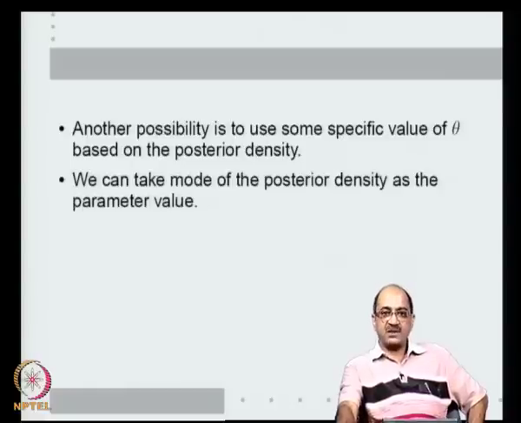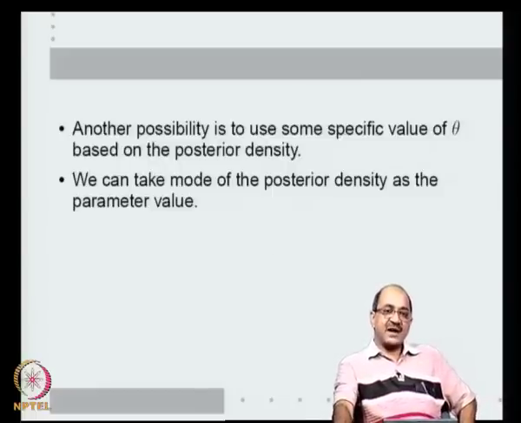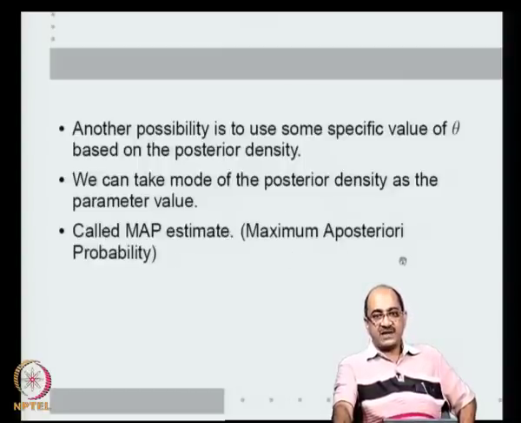For that also there are multiple possibilities. One is we can take the mode of the posterior density, that is the value of theta at which p(theta | D) is maximum. The value of theta that maximizes the posterior density is one value that I can take. This is often called the MAP estimate, maximum a posteriori probability estimate. The MAP estimate is also something that is very specific to Bayesian estimation, because it depends on the mode of the posterior density.